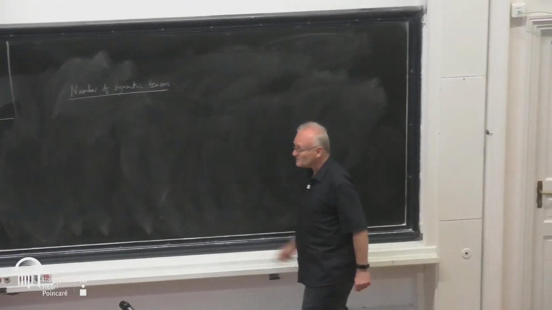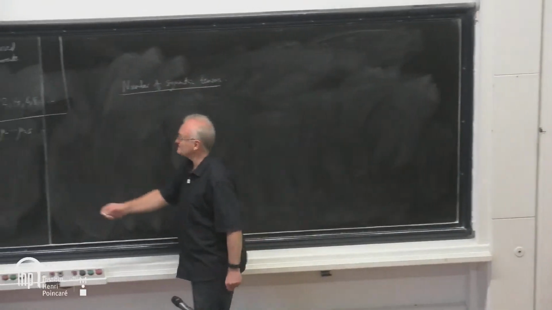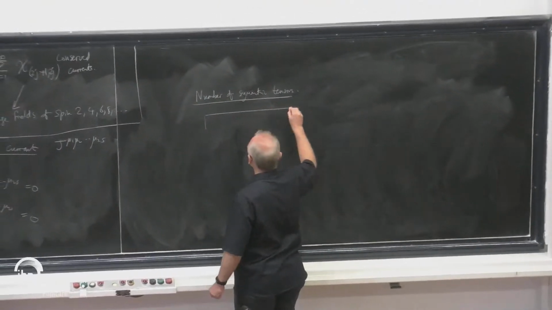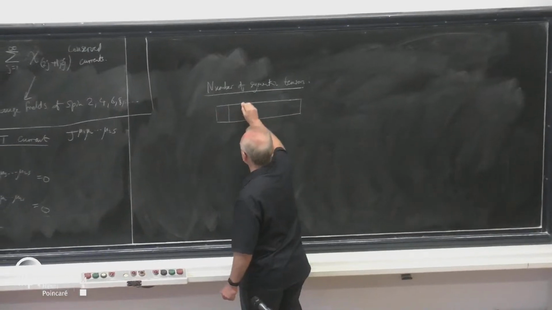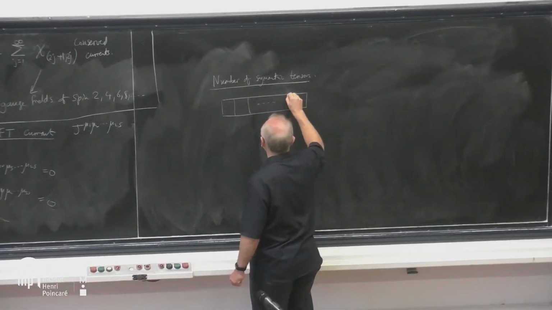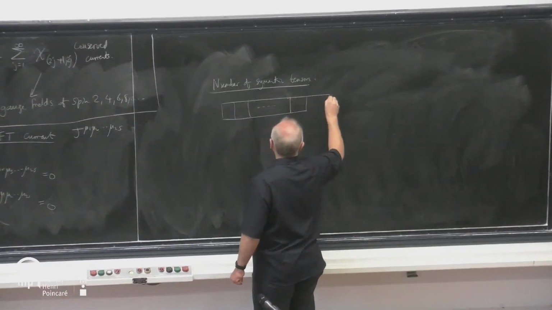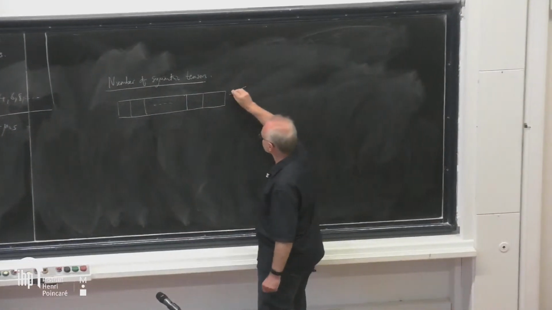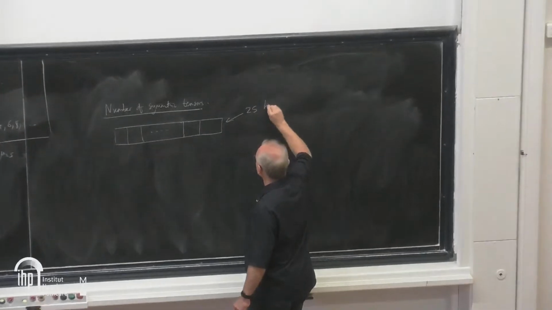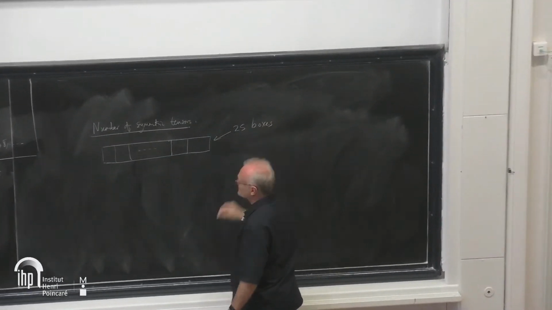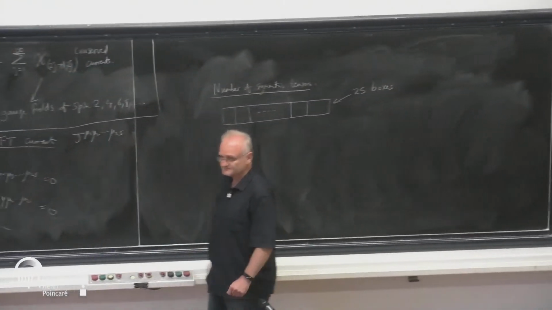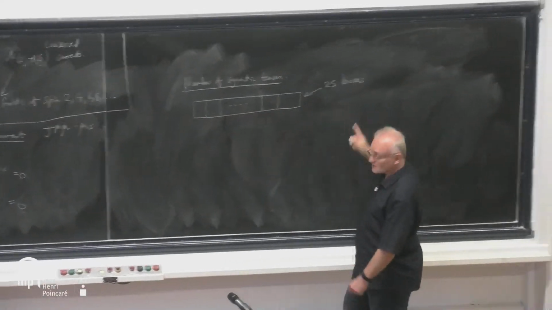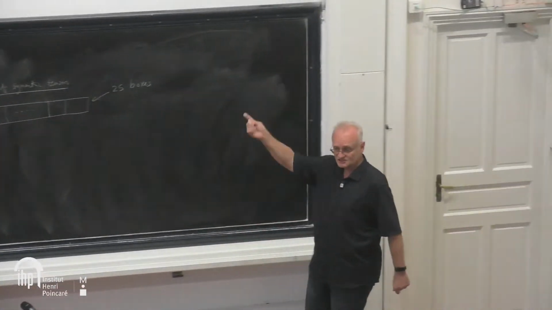To work out the number of symmetric 2s tensors, I draw a Young diagram. This has got a total of 2s boxes, because there are 2s indices. It's just one long row because I'm looking at something that's totally symmetric.